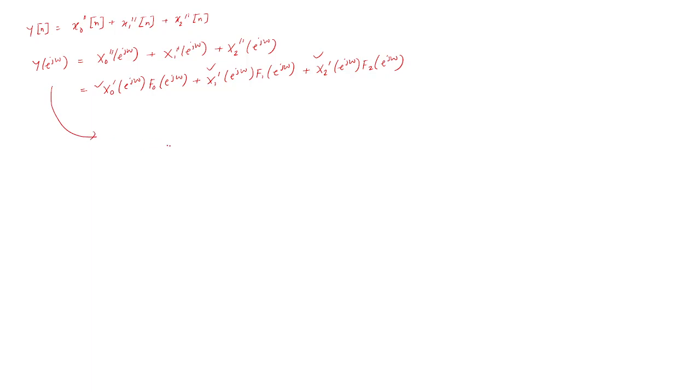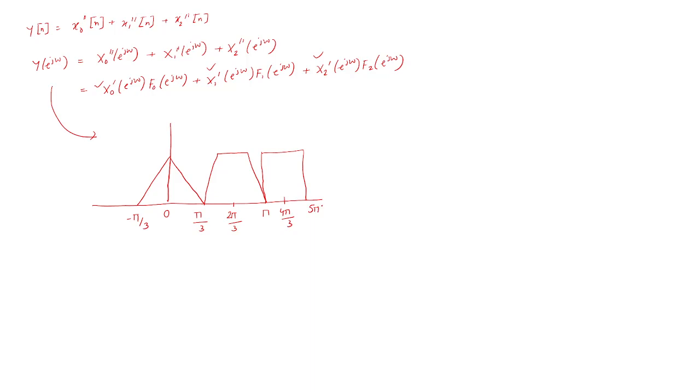The spectrum of y e to the power j omega we get as follows. So this is the spectrum of the output sequence y n.